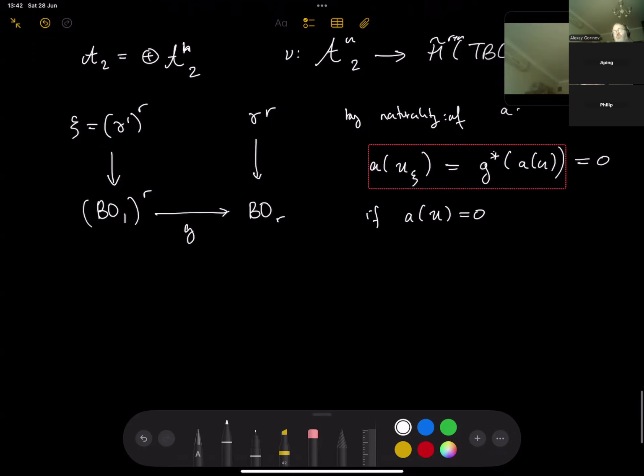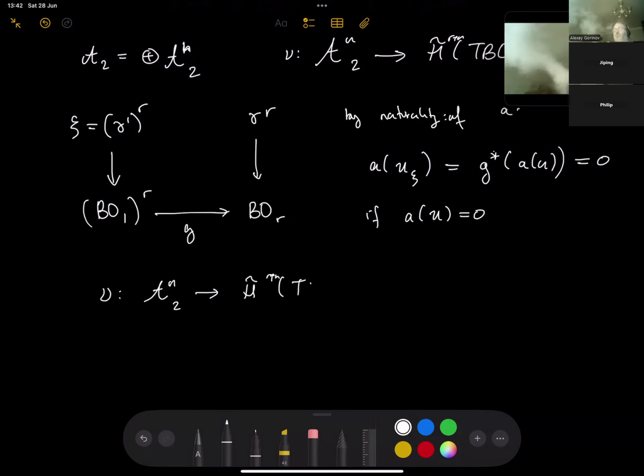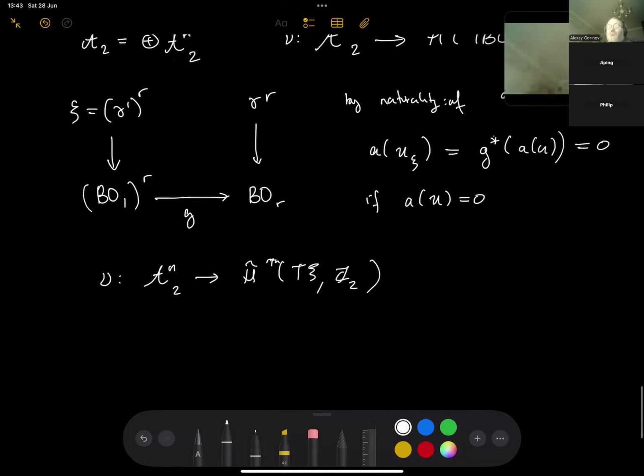So actually, it suffices to show that evaluation to the Thom space of psi is injective.